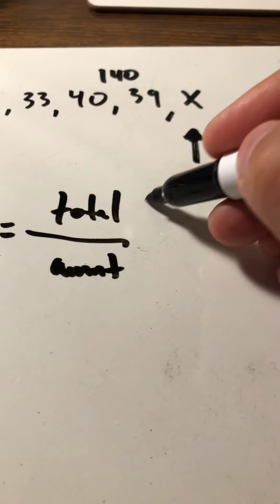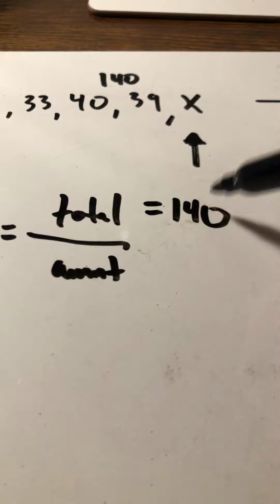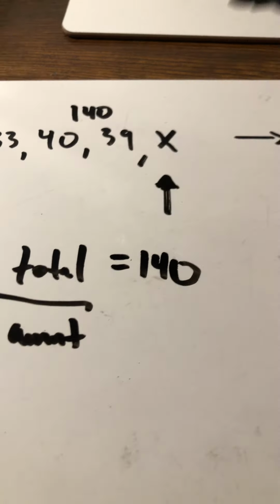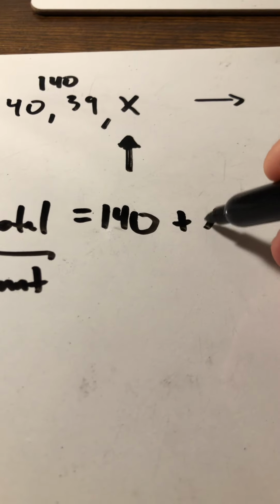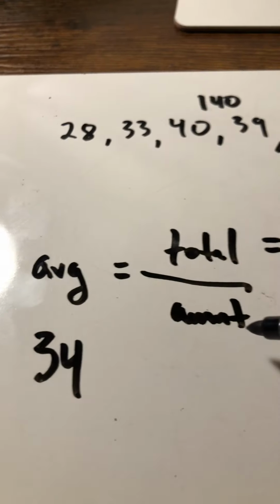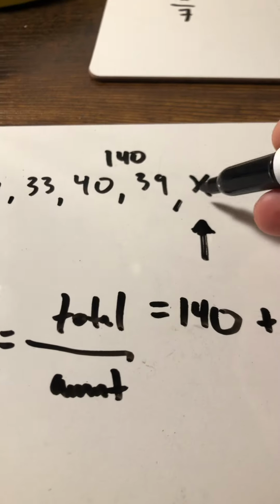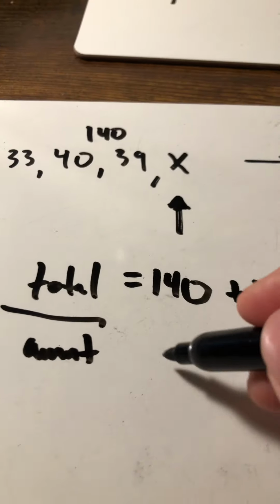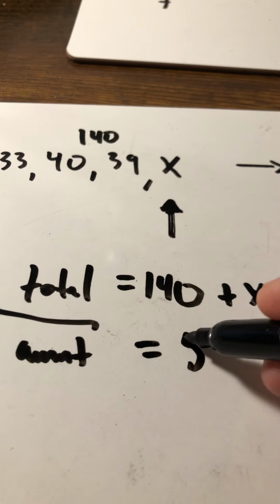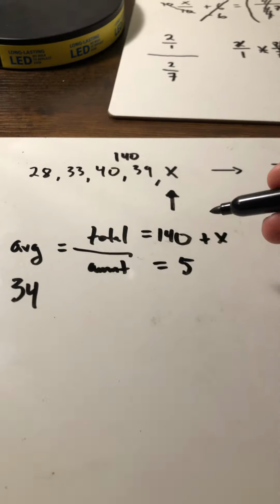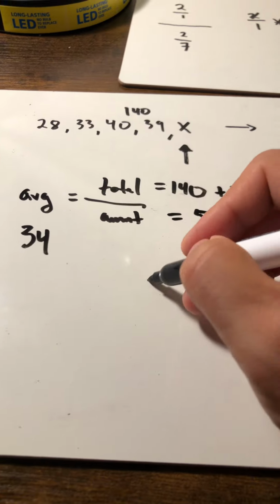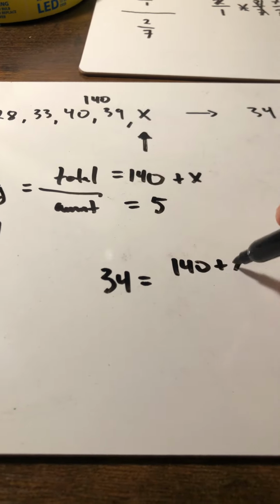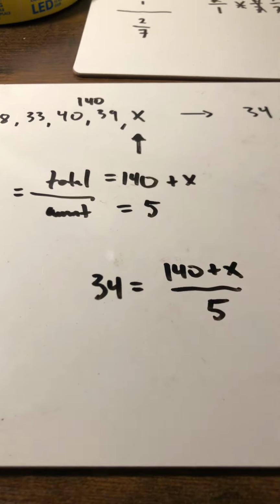So the total is going to be 140 plus the x, and we're going to end up solving for x. The amount is going to be 1, 2, 3, 4, 5 tests. So now we can simplify it into 34 equals 140 plus x divided by 5.